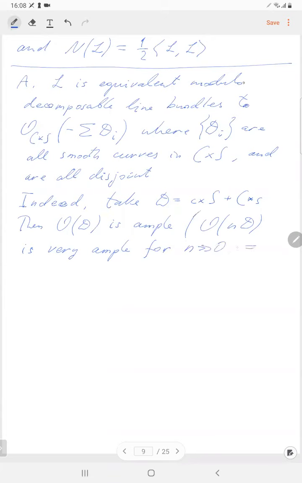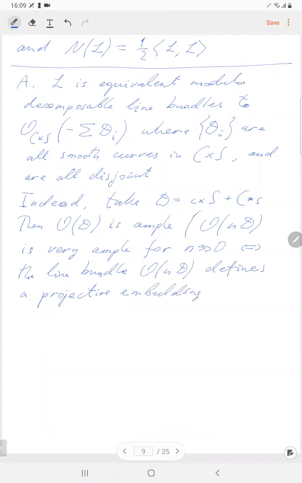And this means in turn that the line bundle O of nD defines a projective embedding of our surface into some big projective space, namely the projectivization of the global sections of this line bundle, dual.